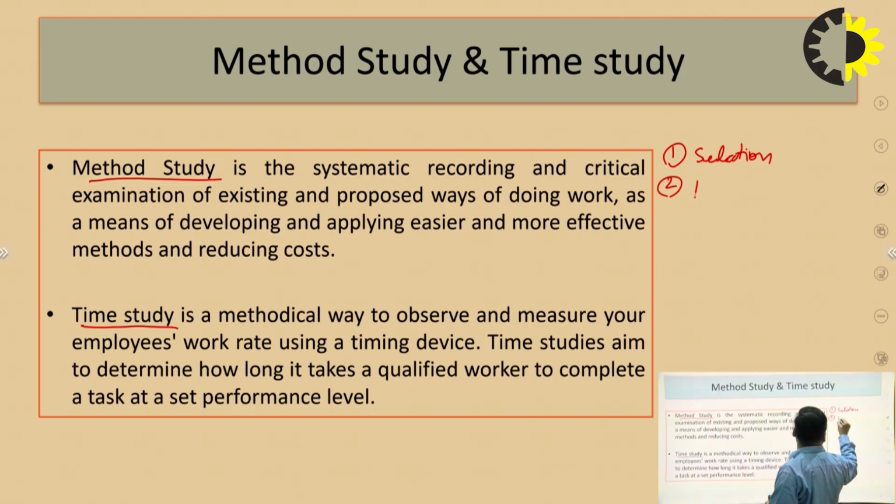Then we have to record all the information related to the working area, like cycle time, how much inventory we have in the buffer, the traveling distance of the workpieces, and the number of workers working on the workstations and assembly stations. We have different charts for recording all the information, like the operation process chart, man machine chart, and multiple activity chart. Then we have examination.